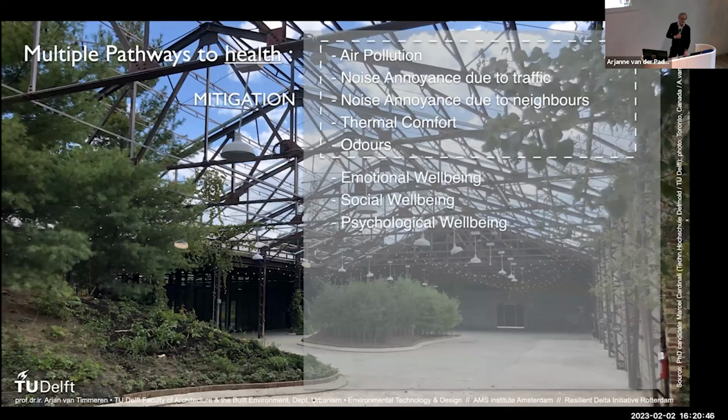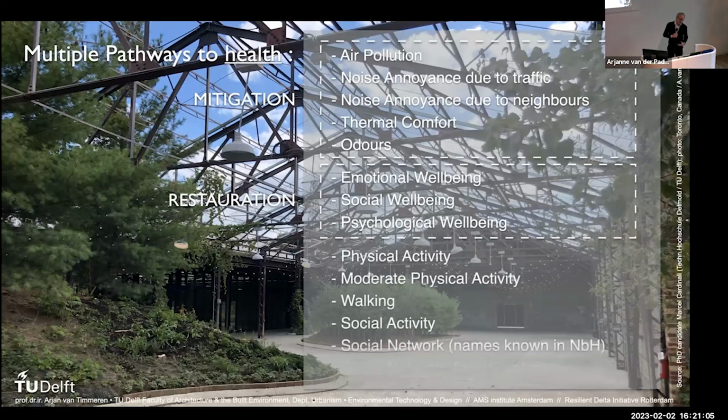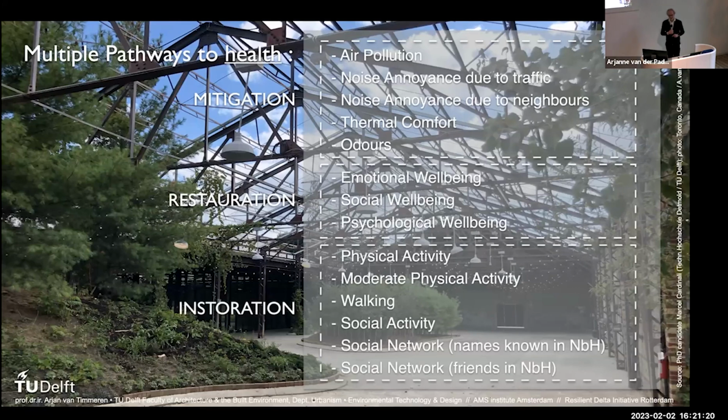But then there's this perceived aspect: emotional well-being, social well-being, and psychological well-being, which you need to restore for restoration purposes. It's often used in psychology. And finally, there's another perspective of green, which is the physical activity, which is related to the amount and kind of activity, but also social aspects come in here. And this is often related to what we call instauration.